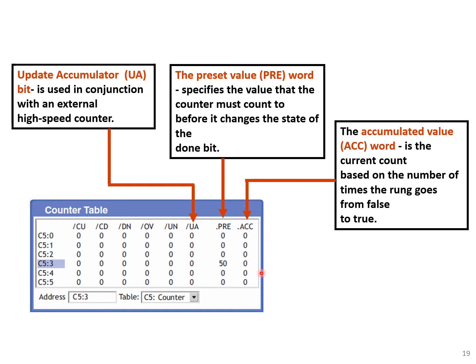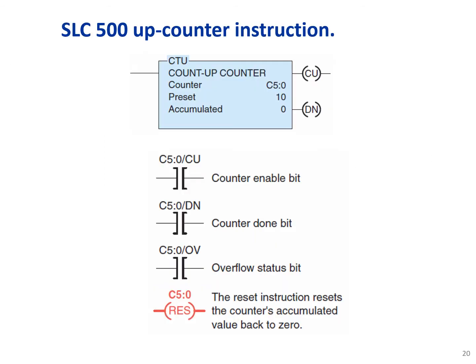And when the ACC reaches the preset value, the down bit of the counter becomes true. SLC 500 up counter instruction: you can see the block diagram of the up counter, and you can see the down bit here.